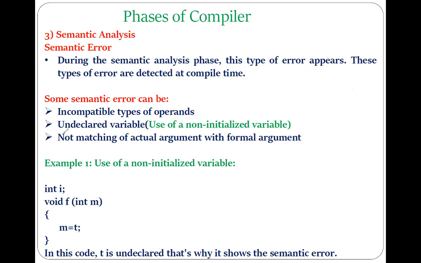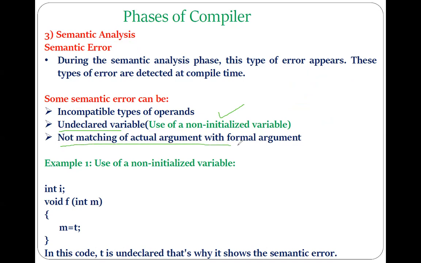Now, the second kind of error which comes under the semantic error category is the undeclared variable. Sometimes when you write a program, you try to utilize a variable which you have not declared. That error also comes under the category of semantic errors, and checking this kind of thing is the work of semantic analysis.